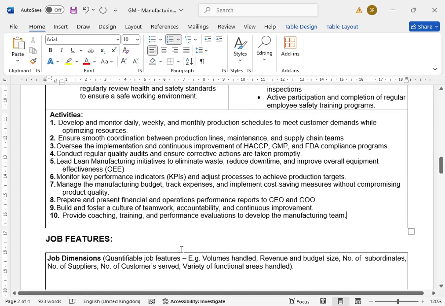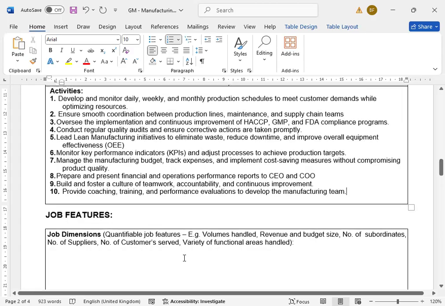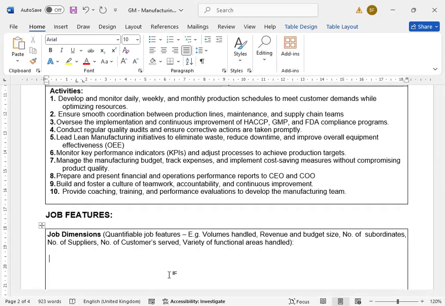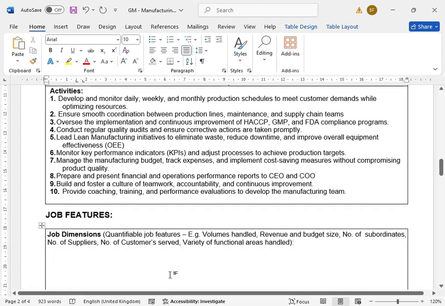You would say that the general manager is also doing things on his own. Now, for the job dimension, this is under job features. Job dimension is about quantifiable job features, like volumes handled, revenue and budget size, number of subordinates, number of suppliers, number of customers served, variety of functional areas handled.